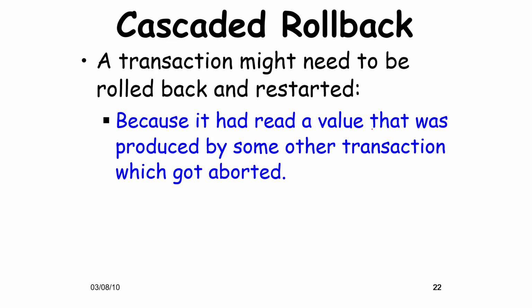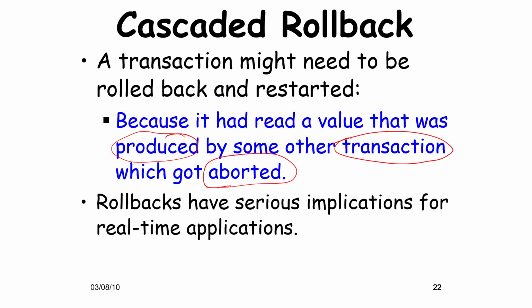Because it had read a value that was produced by, let's say, some other transaction, and that other transaction got aborted. Or maybe it was in a conflicting situation. And in the case that we showed with account.balance, one had to be killed. So we'll use the word aborted from here on. Rollbacks, of course, have serious implications for real-time applications.